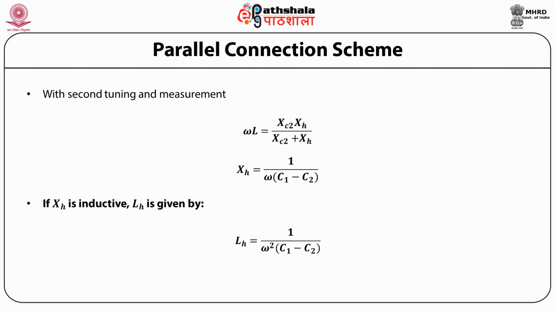If XH is inductive, LH is given by LH is equal to 1 by omega square (C1 minus C2). And for capacitive XH, CH is equal to C1 minus C2.